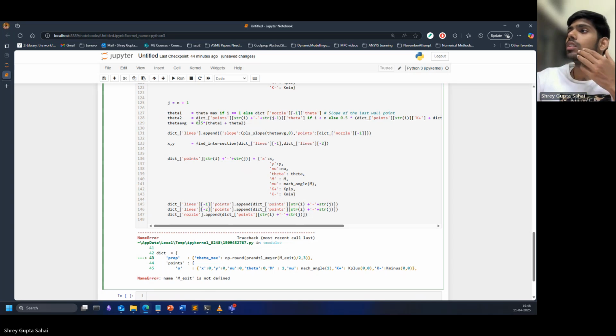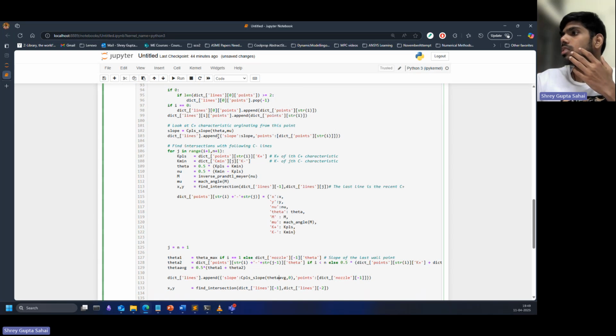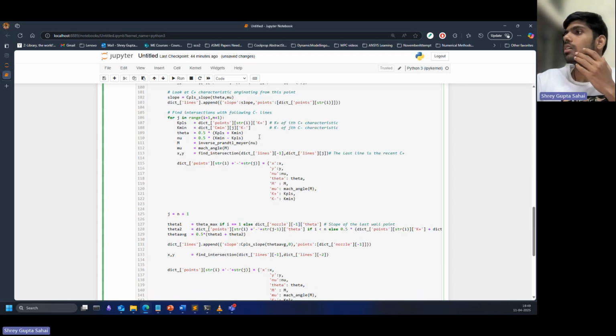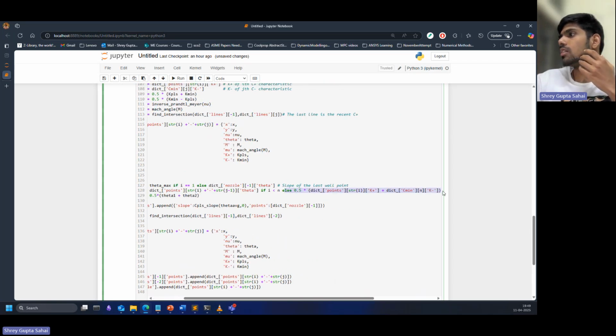This is theta 2. This is the local slope. Could have used this theta also, times. So what I've done is I've used the theta of the last intersecting point. So either this, if i is less than n, or half of it.